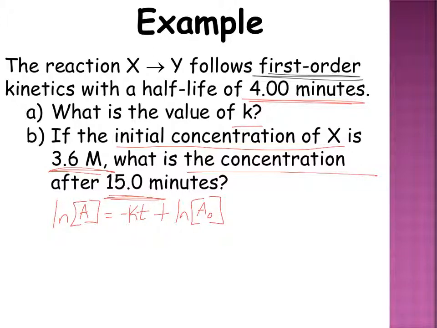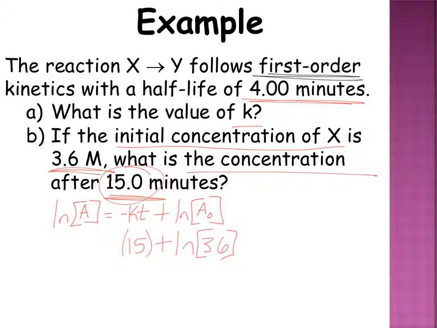Okay, so we're going to start looking at what to plug in. A sub 0 is our initial concentration, so that's definitely going to be over here. We just found our K a second ago, and we're given our T, which is 15 minutes.